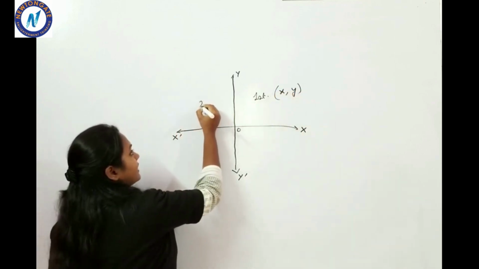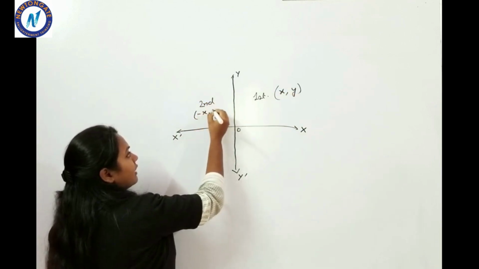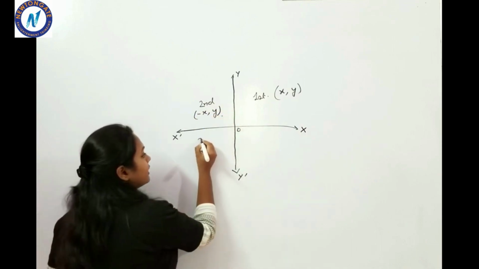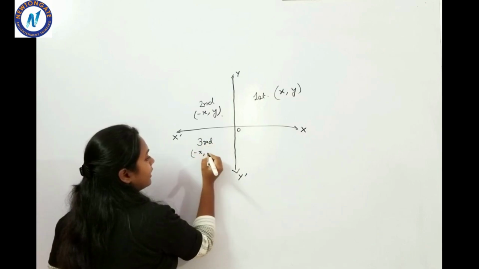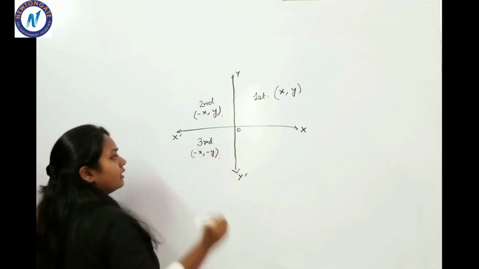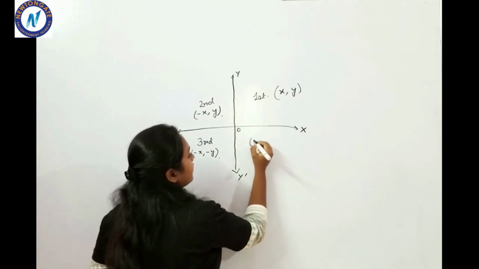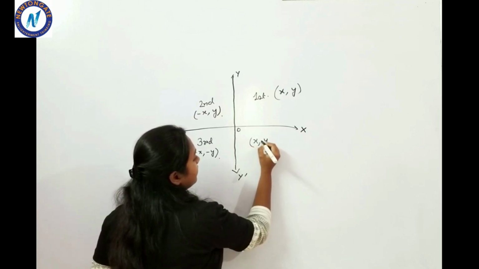This is known as the second quadrant. Here x is negative and y is positive. And this one is known as the third quadrant. Here both x and y are negative. And this is the fourth quadrant. Here x is positive and y is negative.